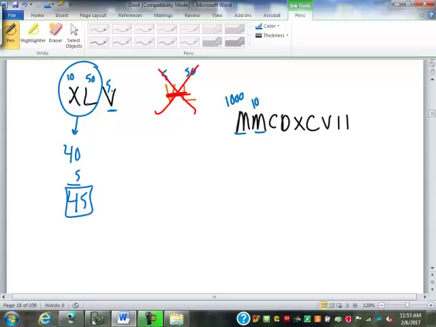Another M, which is 1,000. So this one is not smaller than the digit that comes after it, so I'm going to use its value. C is 100. So again, this one is not smaller than the digit that comes after it, so I can add in its value. So the C is 100. D is 500. So there the C is smaller than the digit that comes after it. I have to take the two of them together. 500 minus 100 is 400. Goes in there.